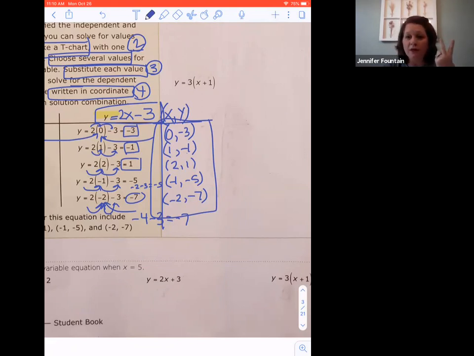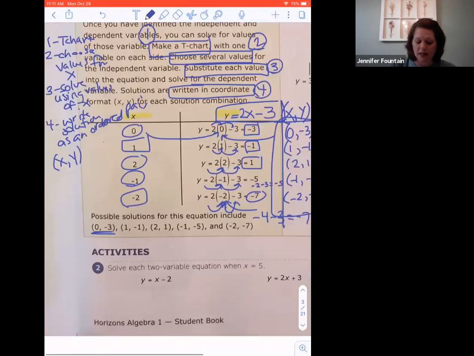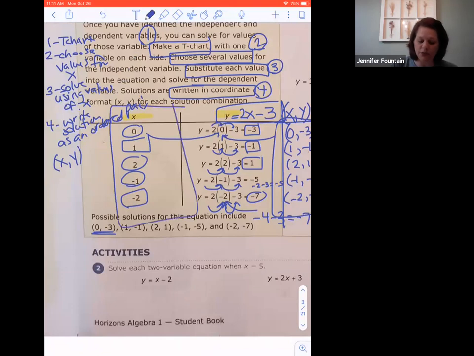When I am graphing linear equations, I want to have a minimum of 3 points. But usually we're going to have 5, just because 5 points is going to help us. So when you're setting up T-charts, this is a good set of numbers to use. You're always going to want to have the origin. You want to have 2 positive and 2 negative. So that gives you 5 numbers.